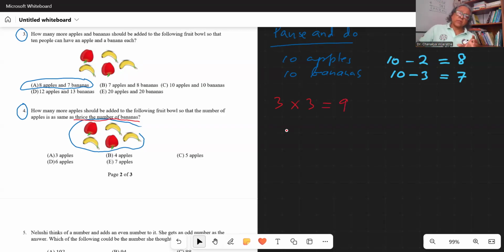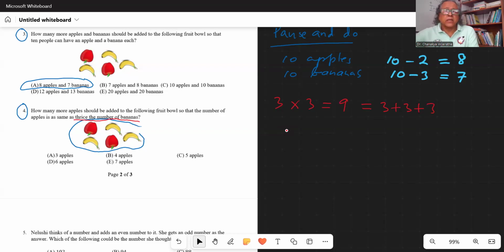And by the way, 3 times 3 means that we have to add 3 to itself 3 times. So this is the same as you add 3, 3 times. So thrice the number of bananas is 9, and the number of apples is 2.